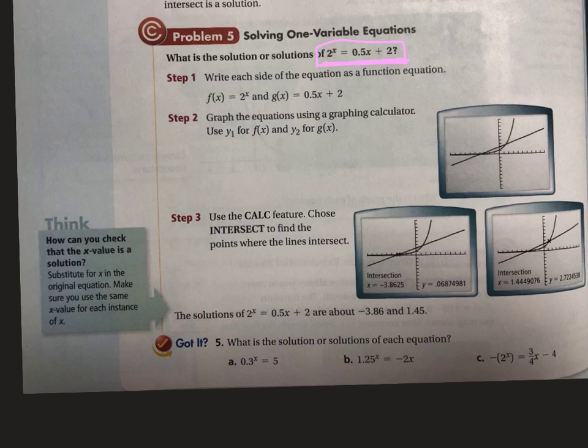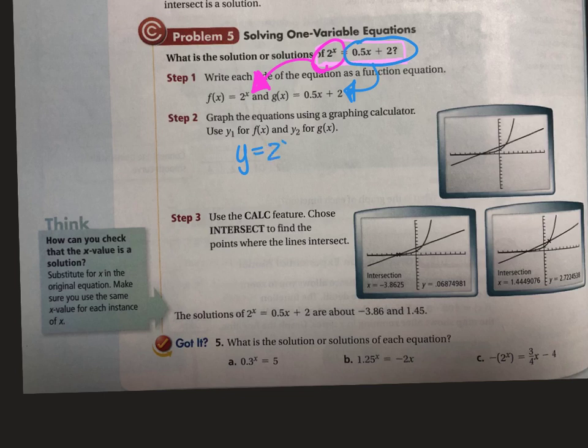When you go to graph this, you are going to graph this as two separate functions. You're going to have one side of the equation become one function, and then the other side of the equation becomes the other.